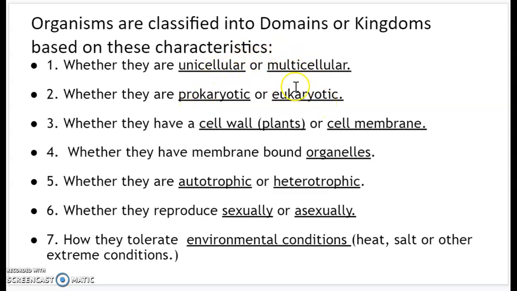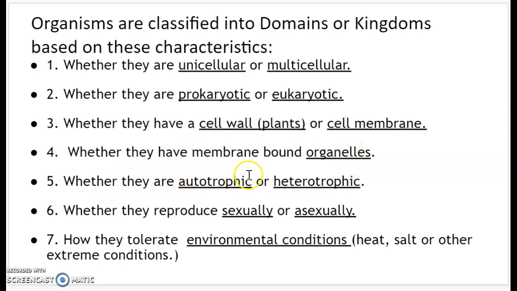Do they have a nucleus or not have a nucleus, right? That's pro and eu. Whether they have a cell wall or a cell membrane. Plants have a cell wall. Whether they have membrane-bound organelles or not. We know that eukaryotic cells have organelles. Prokaryotic cells do not have organelles.